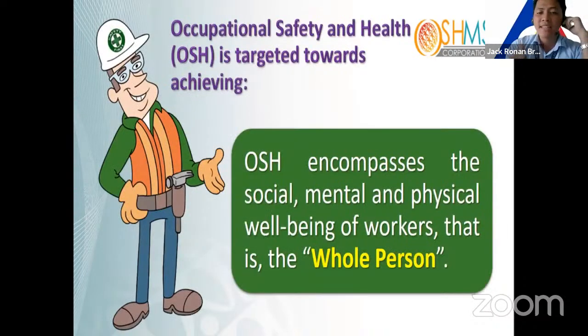So OSH encompasses the social, mental, and physical well-being of the workers. That is the whole person. So what we're dealing with here is not just the physical well-being of the worker. We are also concerned with his mental and social well-being, especially now in our time in which mental health is gaining traction, and more companies are focusing their attention on maintaining the mental health of their workers.